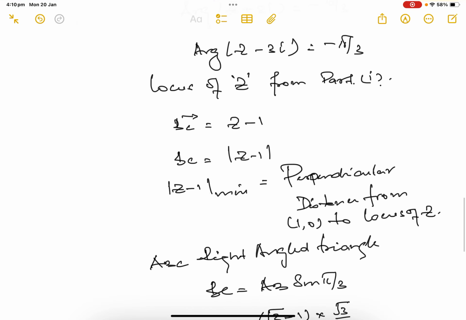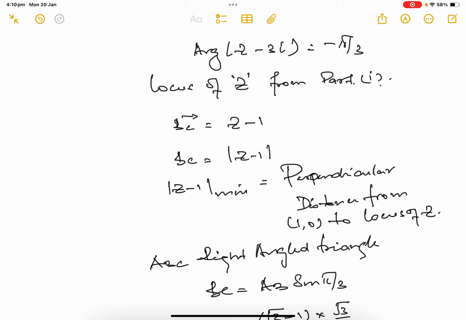So BC is a vector, z minus 1 is the complex number, where z is any point on that locus. BC, just BC, is the modulus of z minus 1.